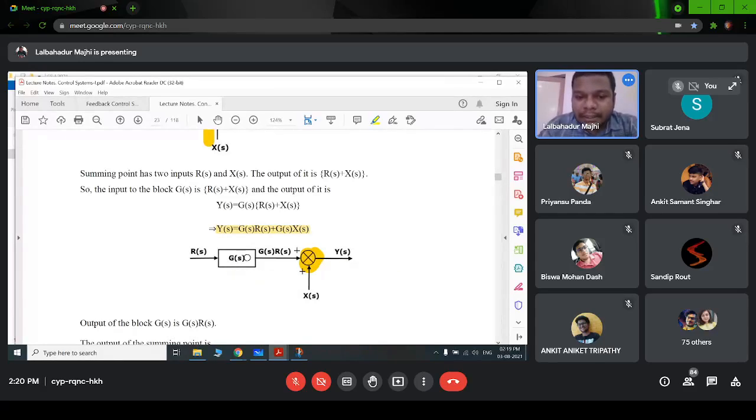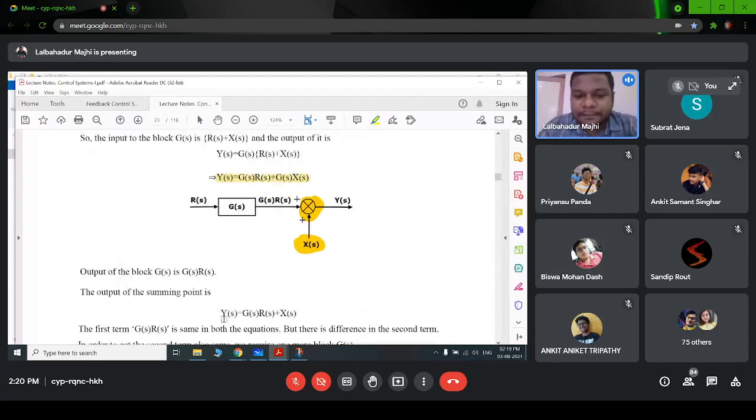We can see the output of this g of s block will be g of s into r of s, and similarly we have not changed this x of s. So now the output will be the summation of these two signals, g of s into r of s plus x of s.